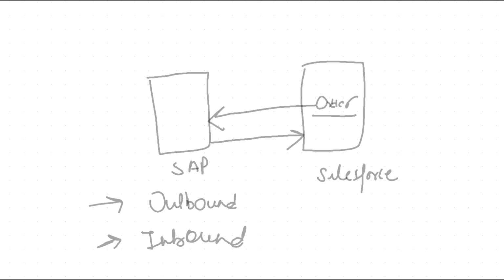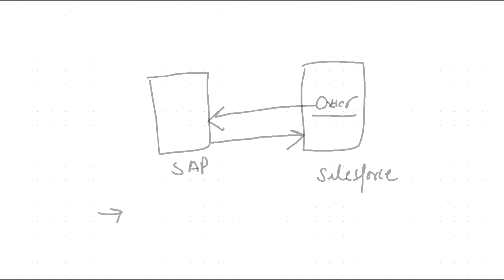Outbound integration means we are doing some callouts, like sending some data. We call it callouts as well, or let's call it web services and callout. First, inbound and outbound is kind of understood.